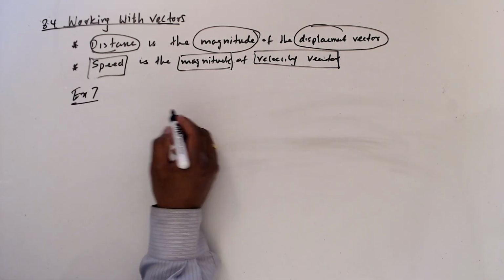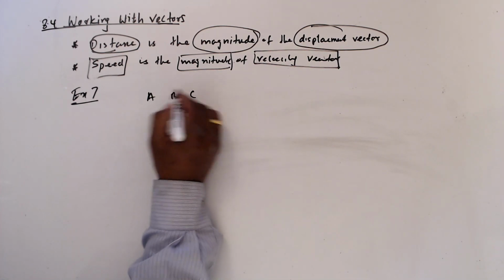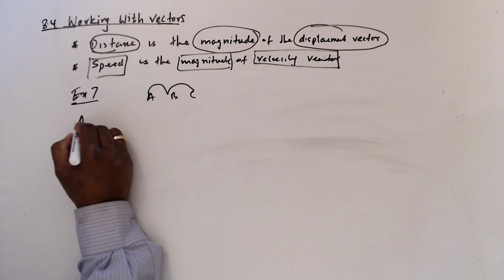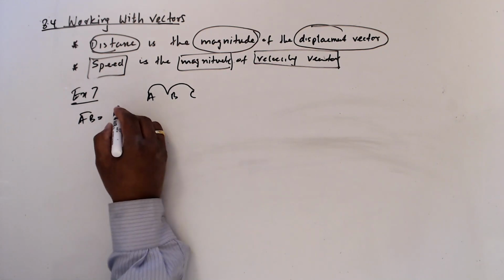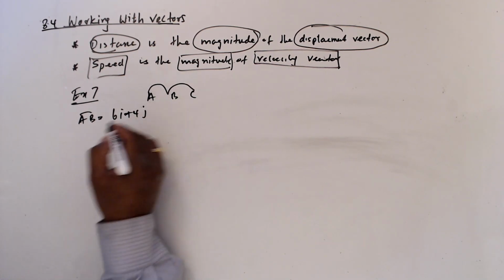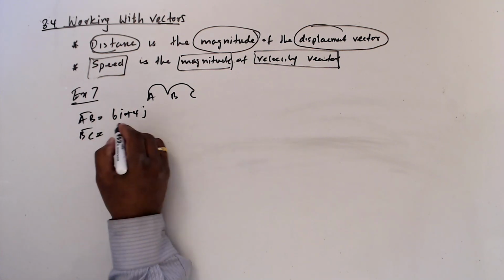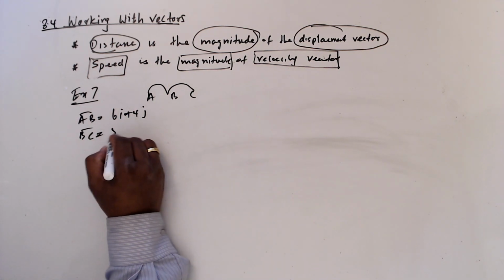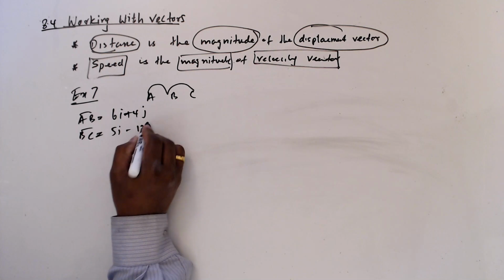Example 7. It's a walk from A to B to C. So the displacement vector AB is 6i plus 4j, and B to C is given as 5i minus 12j.